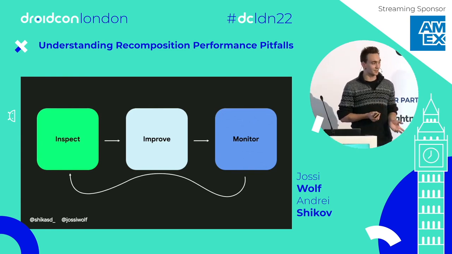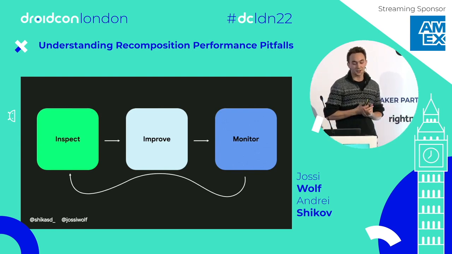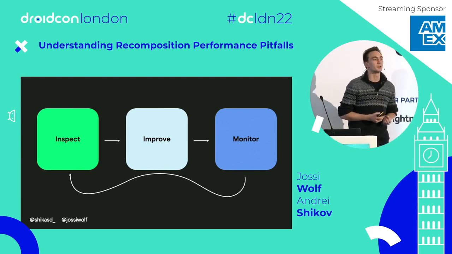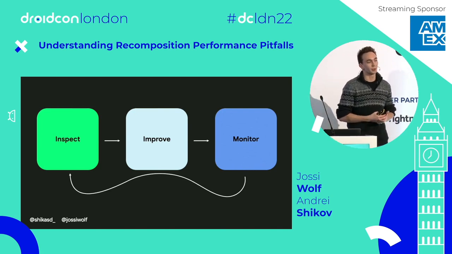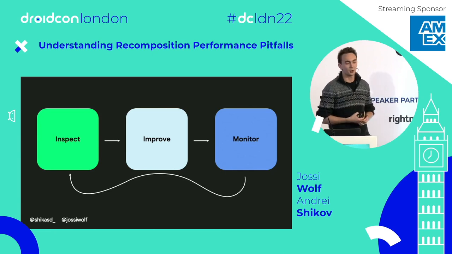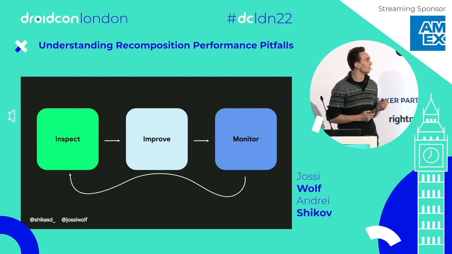If you've attended Ben Weiss's talk earlier or looked at another performance talk, maybe from ADS, you will know this pattern. So it's really important for you to use tools and not rules to inspect your app's performance. Look at things like how long it takes to execute certain parts of your code. And only when you actually notice that there are issues, then you want to improve things.